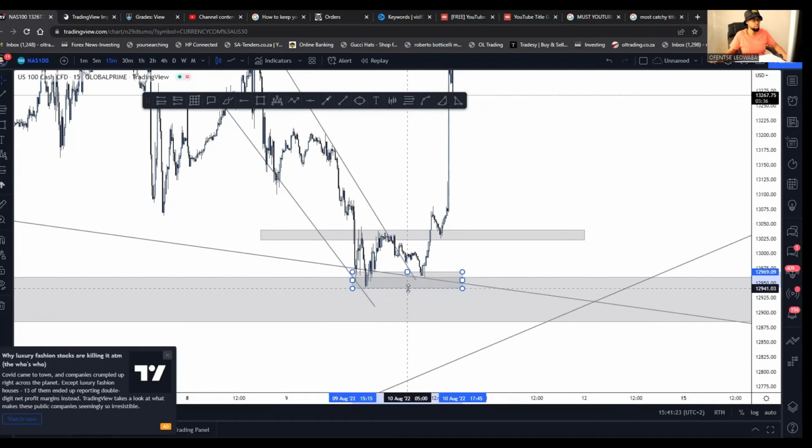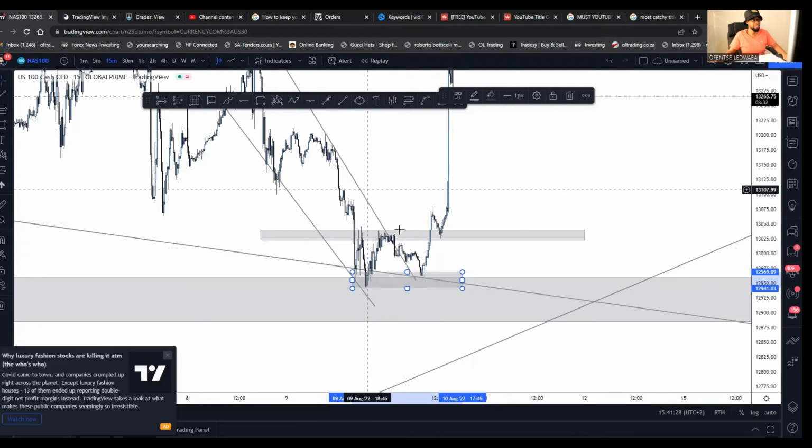You can see we broke, then we came back to retest. So this is a level of sensitivity.